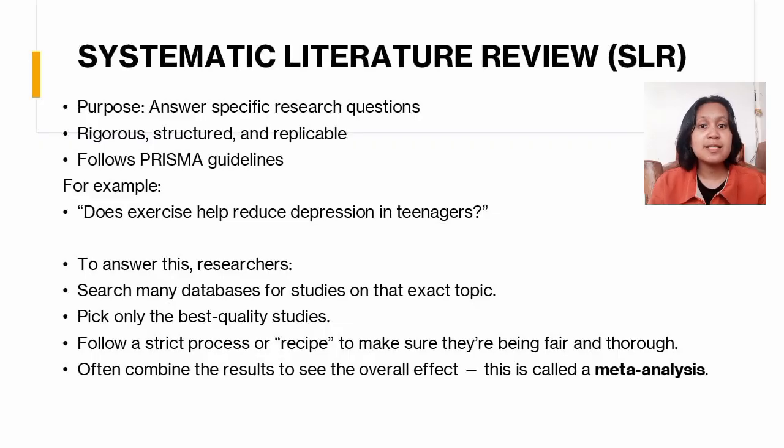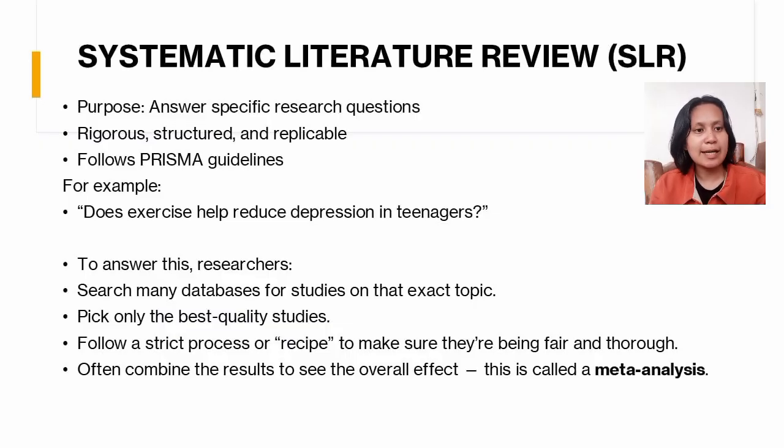Now, this type of review is commonly used in health sciences, psychology, education, and policy research. The goal is to minimize bias by following a predefined protocol, and it is usually done according to standards like the PRISMA guideline.